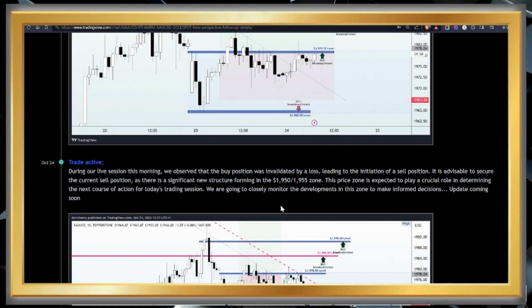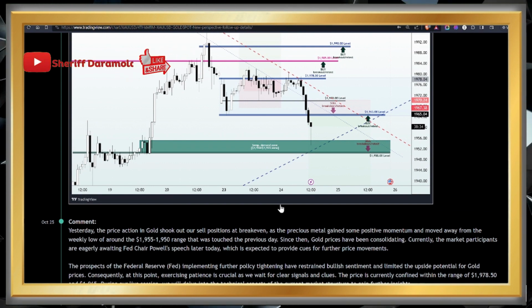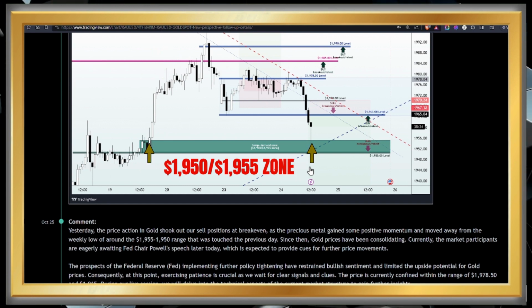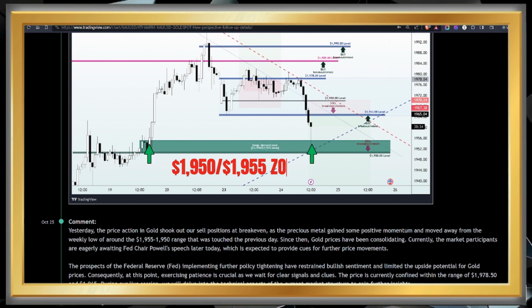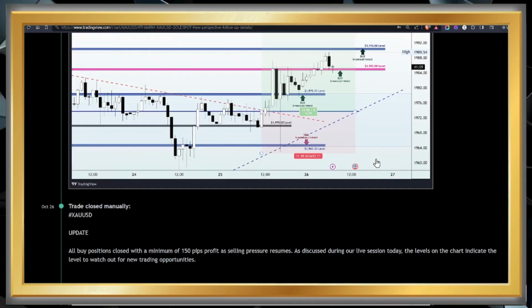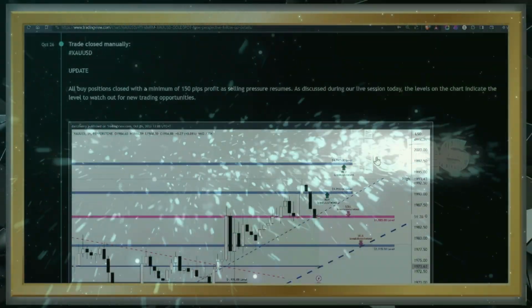In fact, we had some situations where we had selling opportunities, but the inability of sellers to break through that temporary demand zone we identified during the midweek around the 1950 and 1955 area made it clear that buyers still have a say in this market, and since then we have been buying this asset all the way to the upside. Kudos to everyone who joined us on this profitable journey.